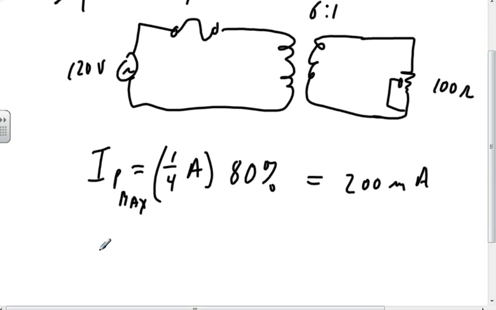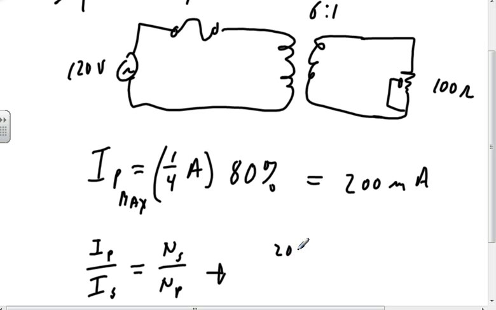Now, current primary divided by current secondary is equal to turns secondary divided by turns primary, implying that 200 milliamps divided by current secondary is equal to 1/6.